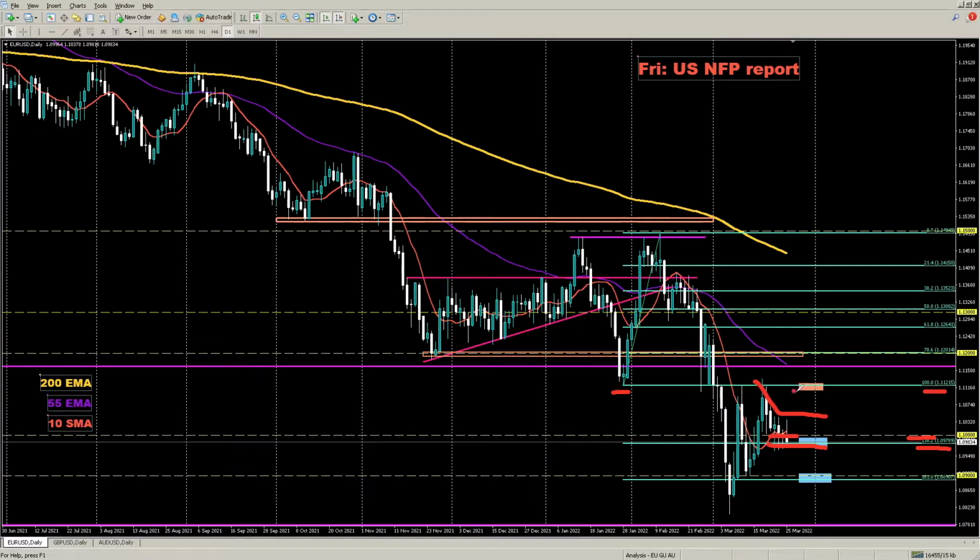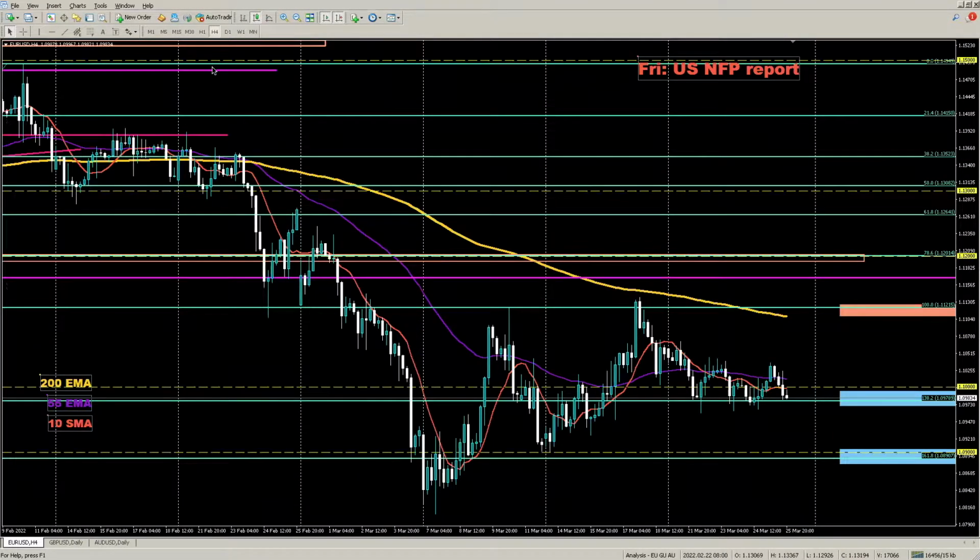But for now, it's still respecting these resistance and support levels. If we take a look at the 4-hour time frame, you can see it's just consolidating and ranging for most of the week.